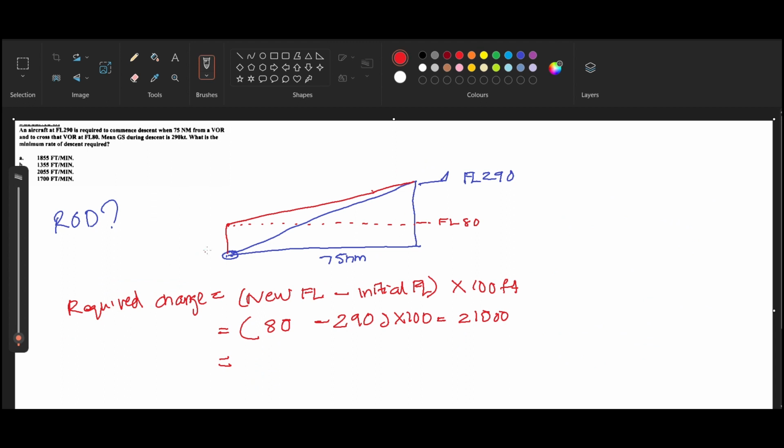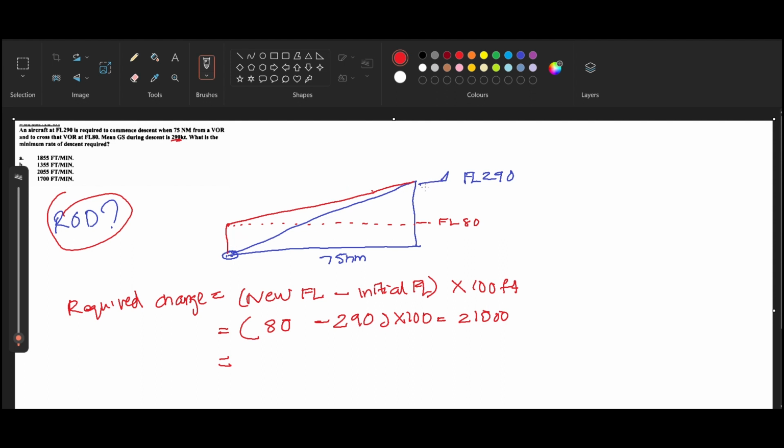We'll do another question from descent. The question is: an aircraft at flight level 290 is required to commence descent when 75 nautical miles from a VOR, and to cross that VOR at flight level 80, and mean ground speed during the descent is 290 knots. What is the minimum rate of descent required? So we have to find the rate of descent. I've drawn a diagram to understand the concept.